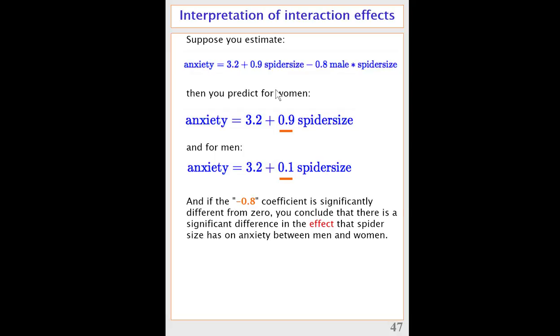The effect of spider size itself, as these things get bigger, anxiousness also gets bigger, 0.9 for every unit increase in spider size, and that difference is smaller for men, only 0.1. And that 0.8 that I estimated right there, the thing that is in front of the interaction effect, that tells something about the difference in size of the effect.